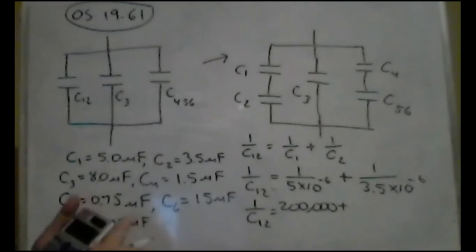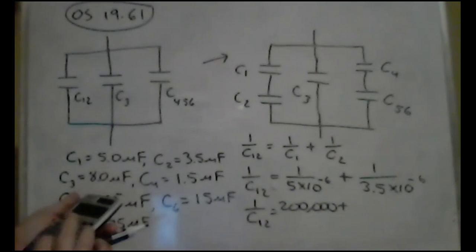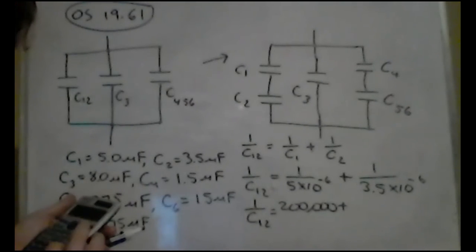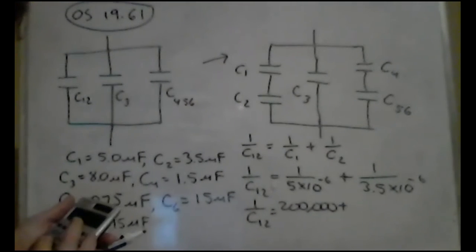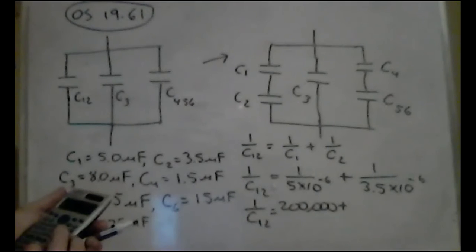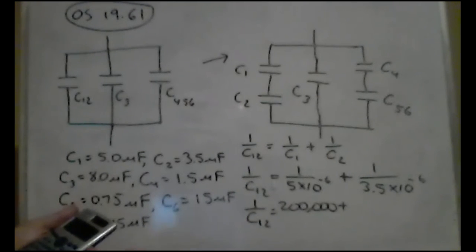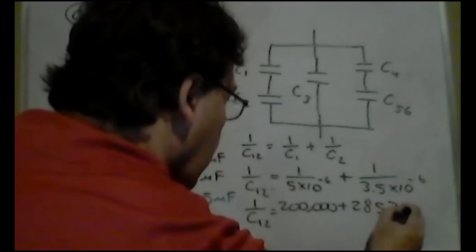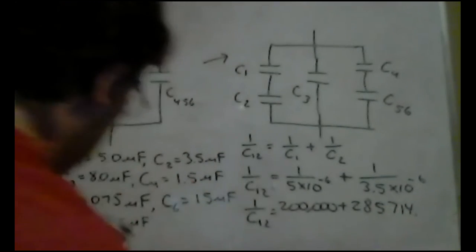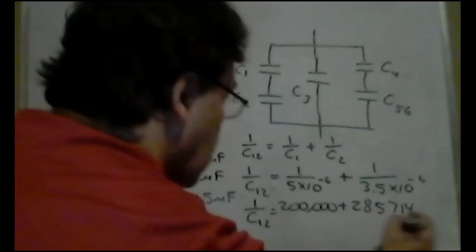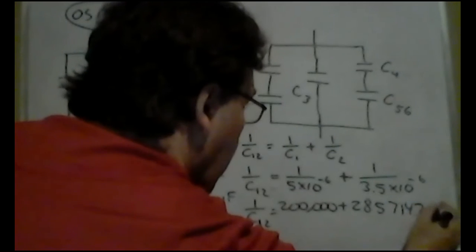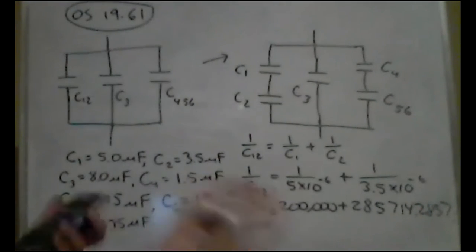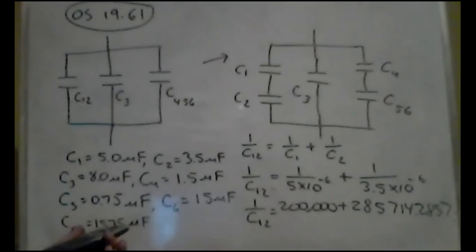And then 1 divided by 3.5 times 10 to the negative 6, I get some other big number, 285,714. So two big, huge numbers I'm going to add together.